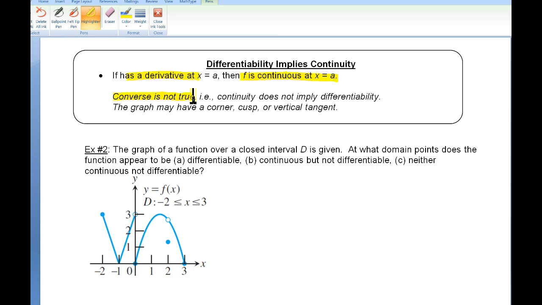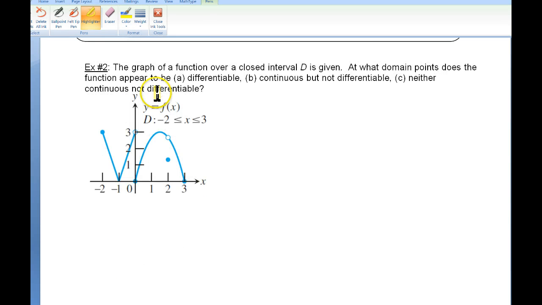Remember those examples we just looked at? It could be a corner, a cusp, or a vertical tangent. Those are all continuous. An absolute value function, for example, looks like a V. It's continuous, but it's not differentiable right at the point. Differentiable means it has to have the same slope from the left and the right, and it has to be a real value.